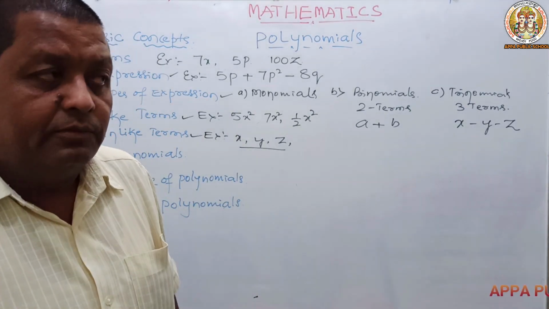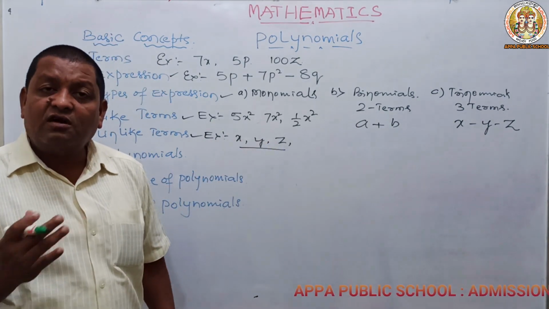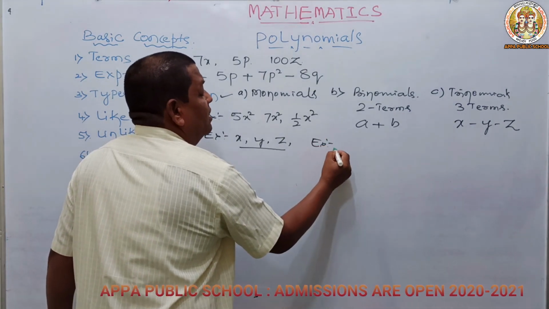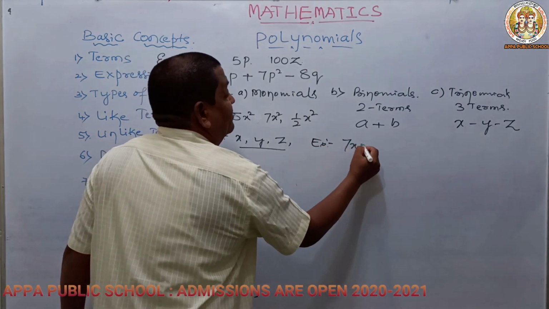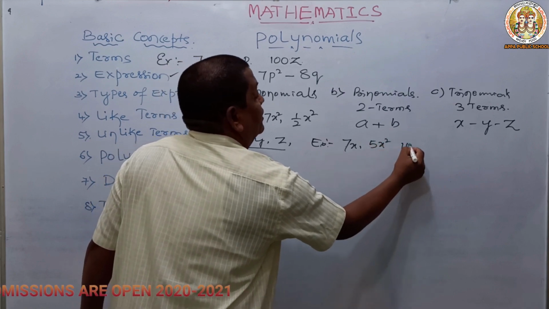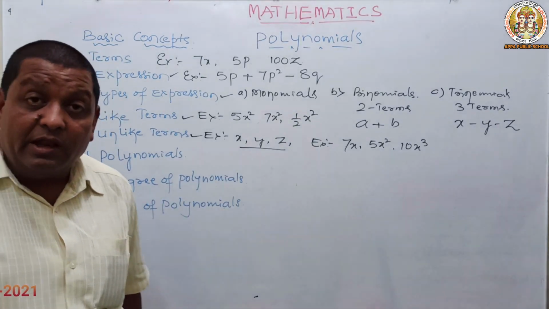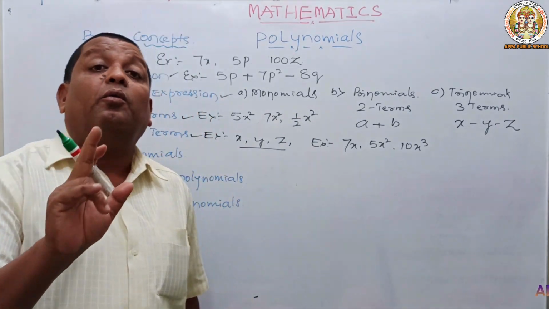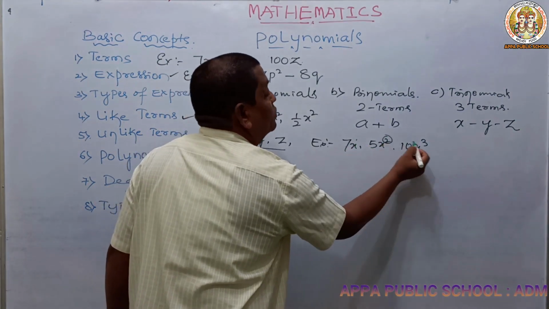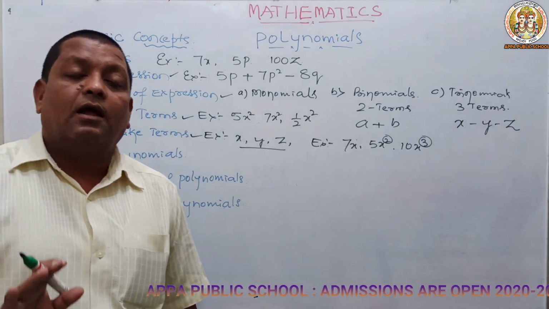They are unlike terms because the variables are different. Another example: 7x, 5x square, 10x cube. Observe here, they have the same variable, but the powers are different. You see, power is 1, power is 2, power is 3. Therefore, these are unlike terms.